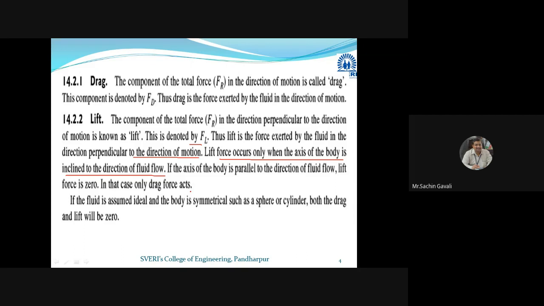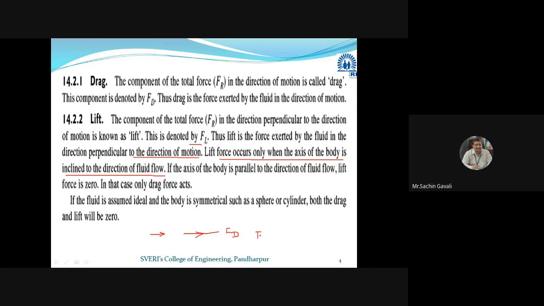So depending on the direction of that particular object or body, the component of lift force or drag force may vary. When the axis of the body is horizontal, parallel to the direction of the fluid, then only drag force will be present. So FD will be present, and there will be no lift component.